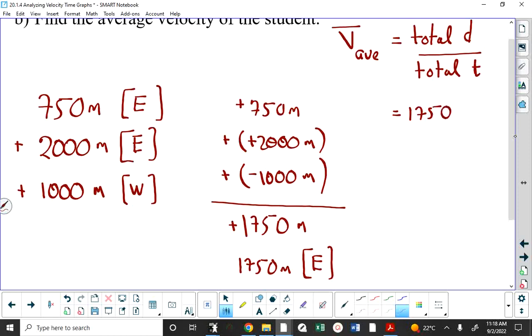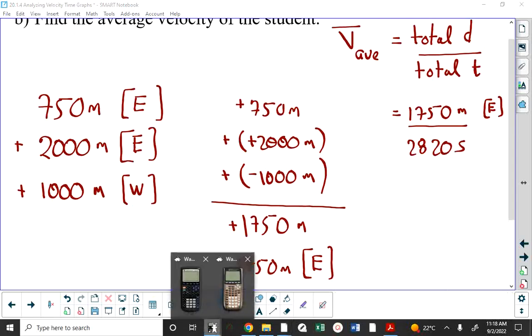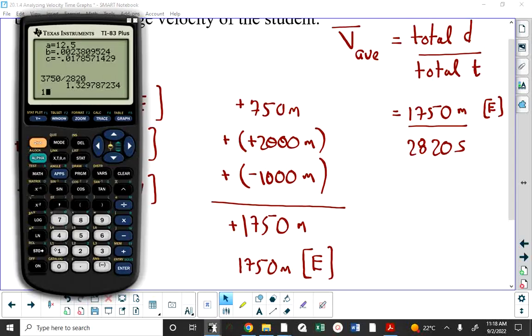Did I get that right? 1,750? Okay, good. And the east is not part of our calculation. It's just kind of hanging on there as a direction of our answer. Divided by the 2,820, and that's in seconds. And you get about 0.62 meters per second.